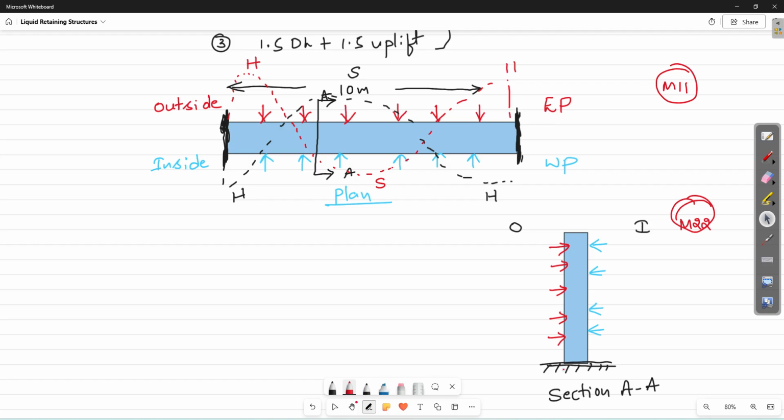Due to water pressure, your bending moment diagram will be hogging at the bottom, and at the mid span you will get sagging. So this is hogging and this is sagging. So this is the bending moment due to water pressure.